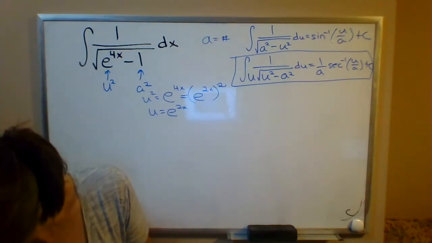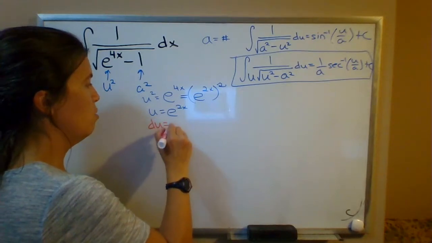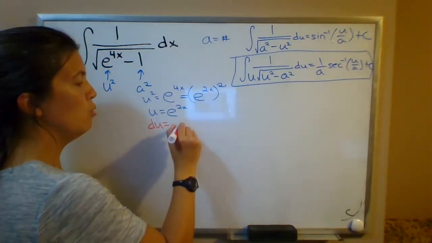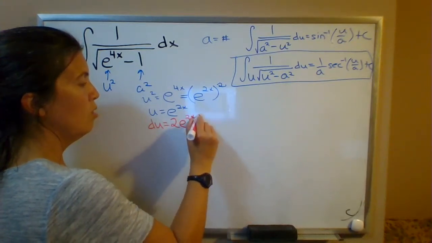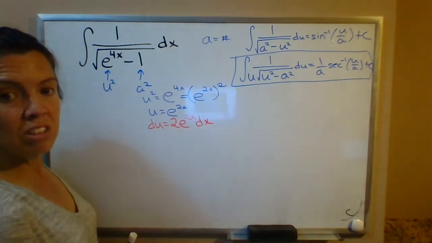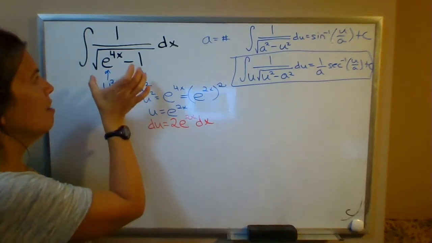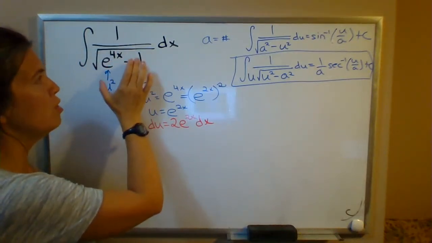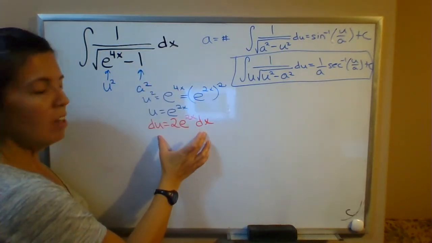Which means du, I think I'll use a different color, du is equal to the derivative of e to the 2x, which would be e to the 2x times 2. So 2e to the 2x dx. Now we want to have our expression in terms of u times du. The du is all of this.